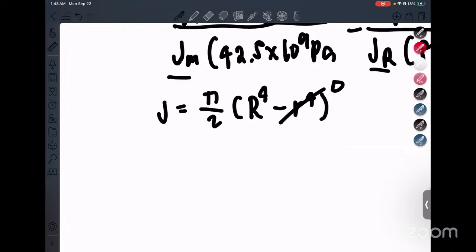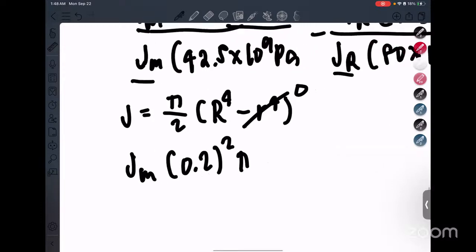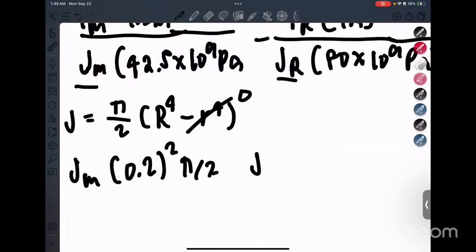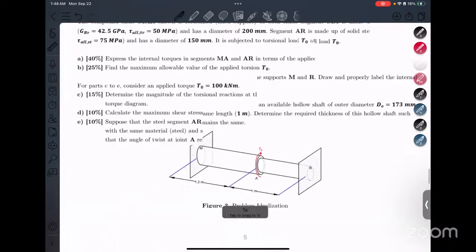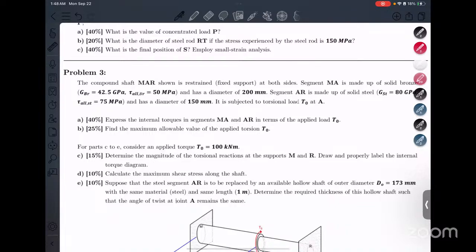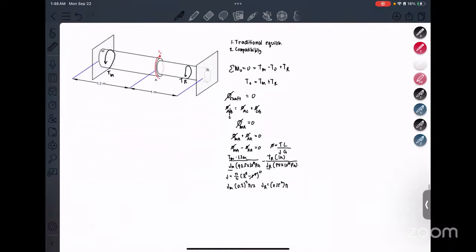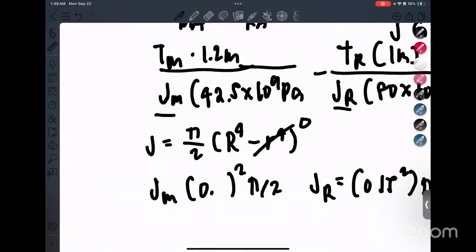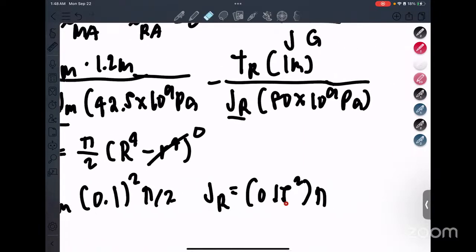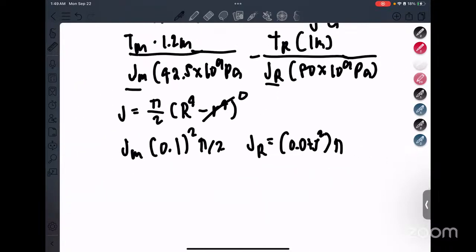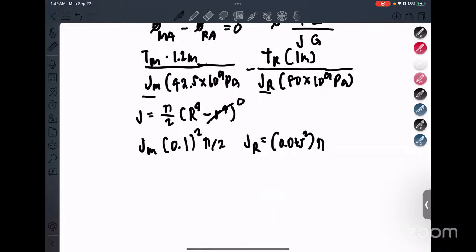So calculating that for both, J sub M is 0.2 squared pi over 2, and J sub R is 0.15 squared pi over 2. Sorry, 0.1 should be the radius, and 0.075 for R.